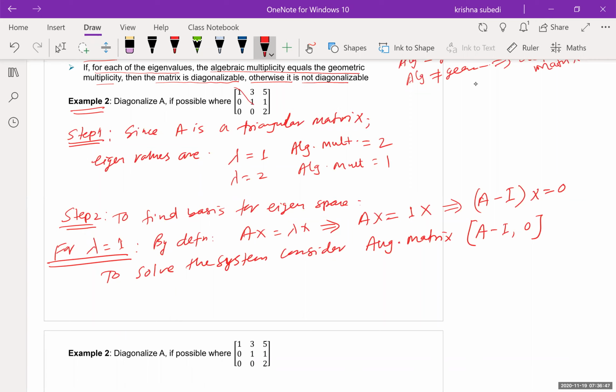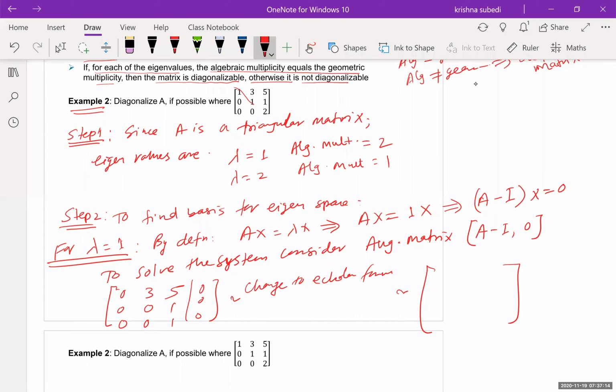What is A minus I? It's 0, 3, 5, 0, 3, 5, and then 0, 0, 1, and again 0, 0, 1. Thank you so much. Okay, now change it into echelon form. For that, we just get 0, 3, 5, 0, 0, 1, and the last row is 0, 0, 0.